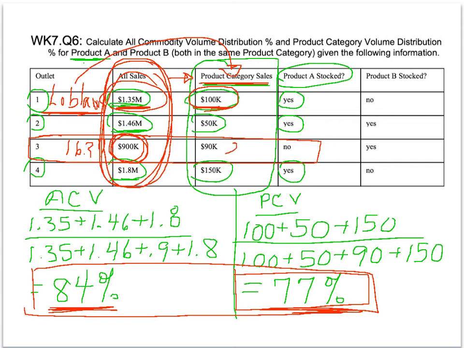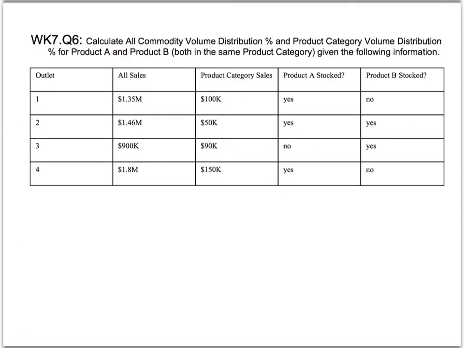They indeed are selling 23% of the total toilet paper sales. When you take 90,000 and divide it by the total sales available, they're 23% of the market. So the fact that you're not available in this outlet creates a PCV that's lower than your ACV, because they are an important player in that particular category.